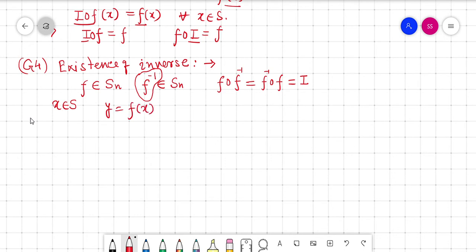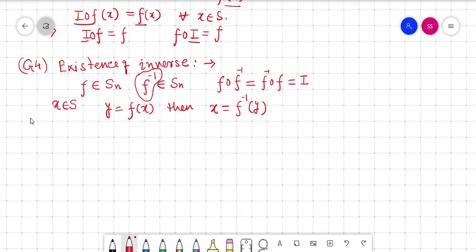Then we define the inverse mapping like this: x is equal to f inverse of y. If y is equal to f of x, then x is equal to f inverse of y. But the question is, can we define the inverse mapping like this? If we define it like this, whether it is well defined or not, that is the question.